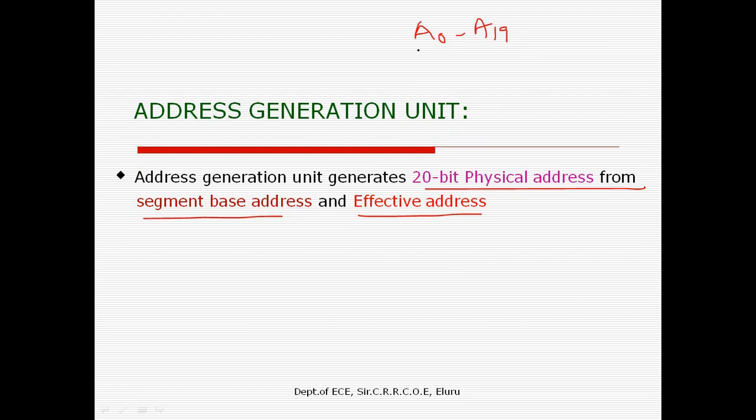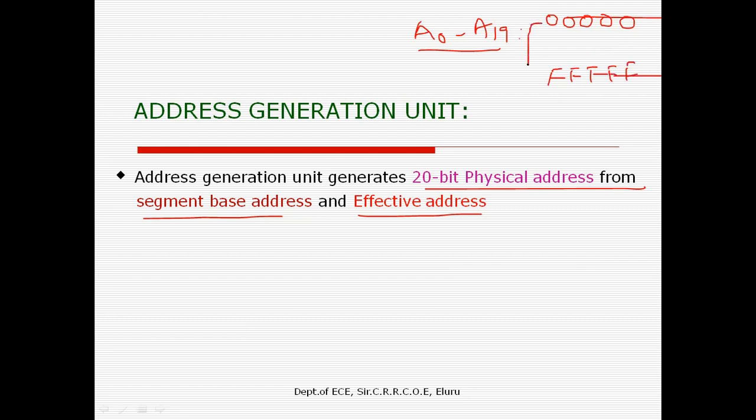Therefore, with these 20 address lines, the range of memory that can be accessed by the processor is: the minimum address is 00000 and the maximum address location is 5 Fs, FFFFF.